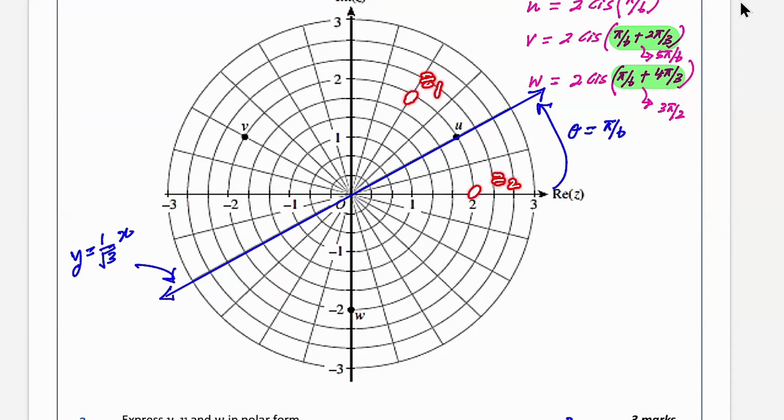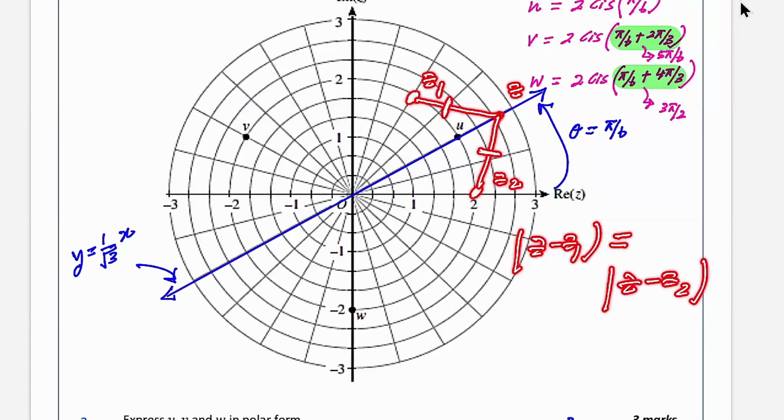Z is on this line. Z minus Z1 means this distance. Z minus Z2 means this distance. So Z minus Z1 distance equal to Z minus Z2 distance is nothing but this one is equal to this one.